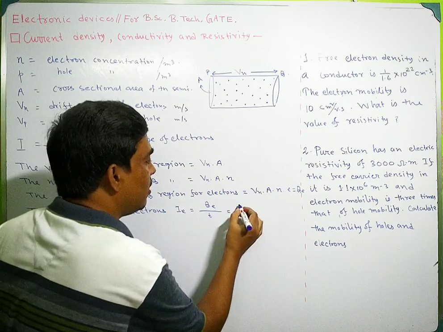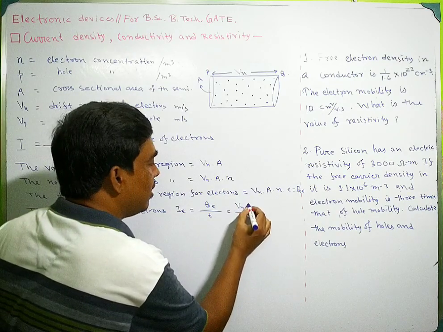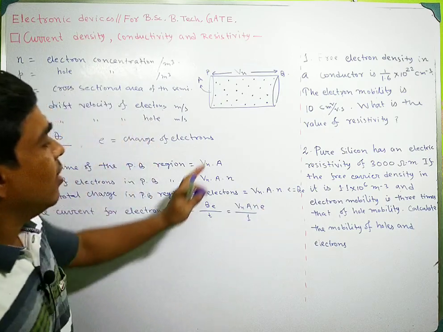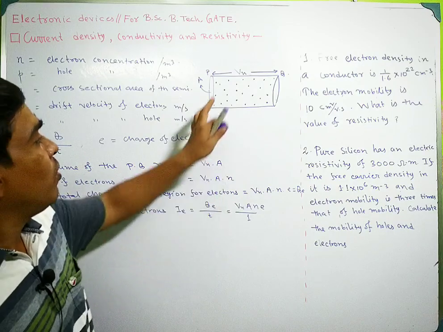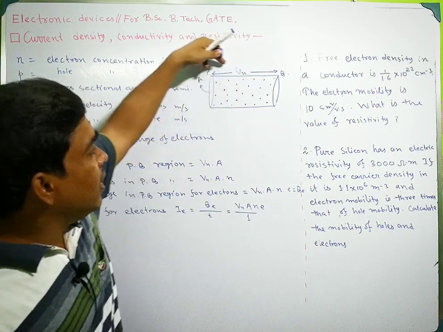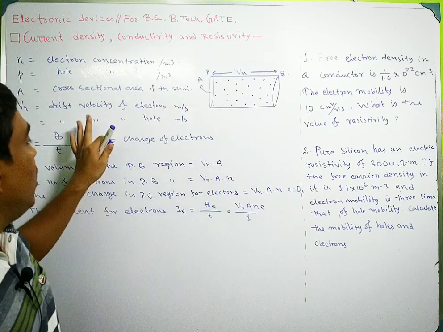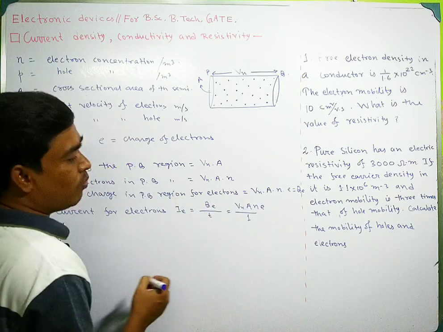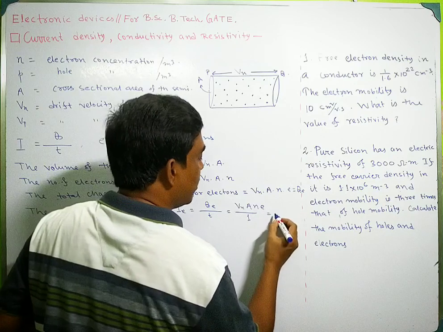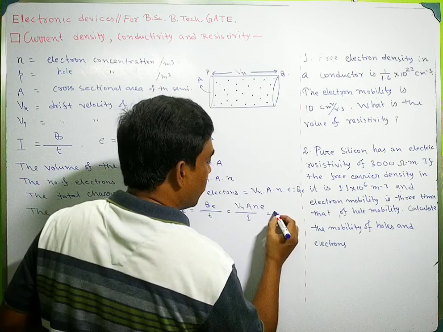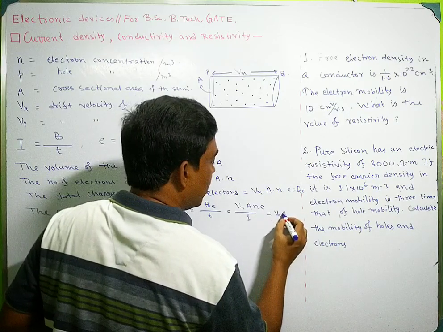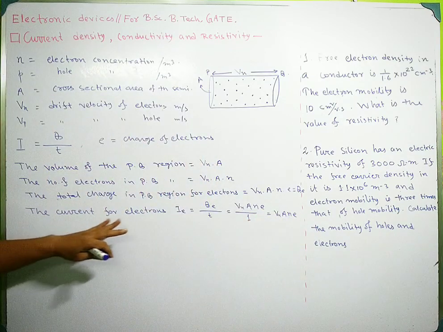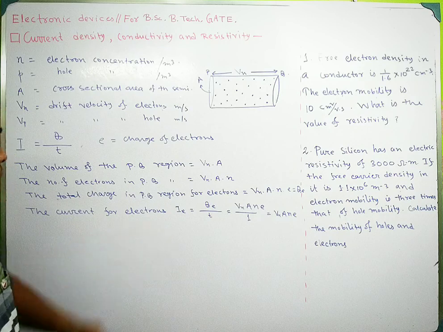So total charge is given by Vn A N E divided by T, where T is equal to 1, because this distance Vn is traversed by this electron in 1 second. That's why we can take T equal to 1. So it can be written as Vn A N E. This is the current for electrons.